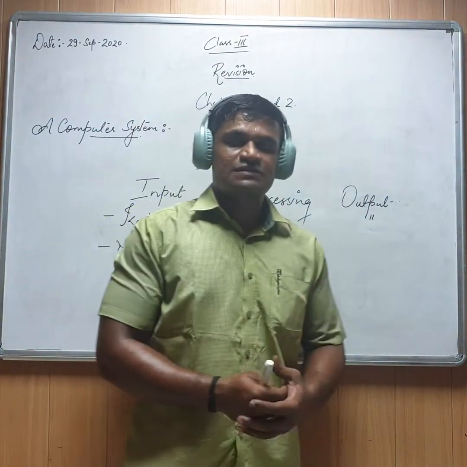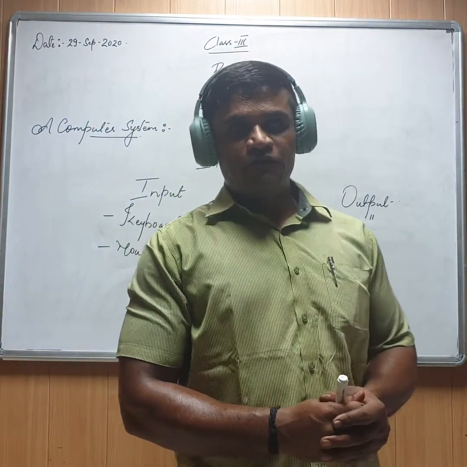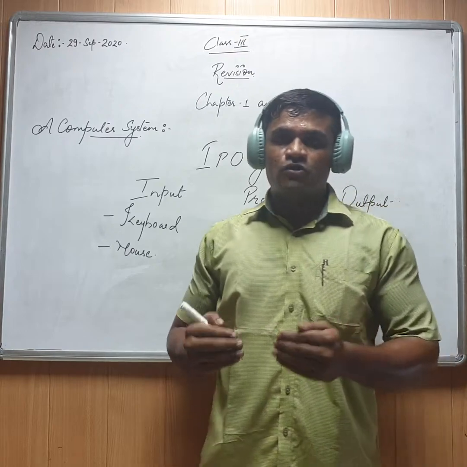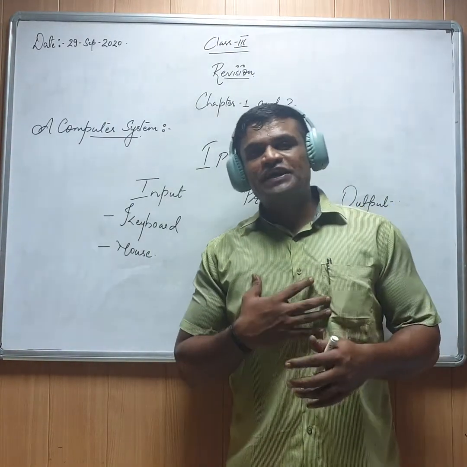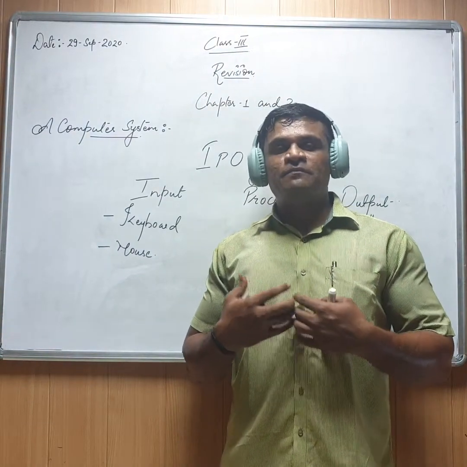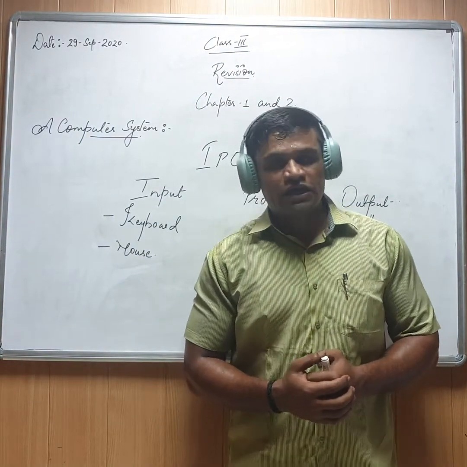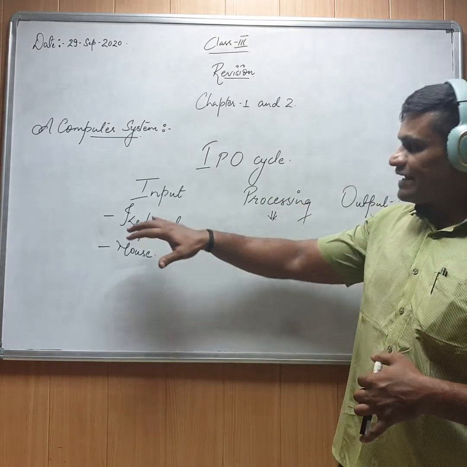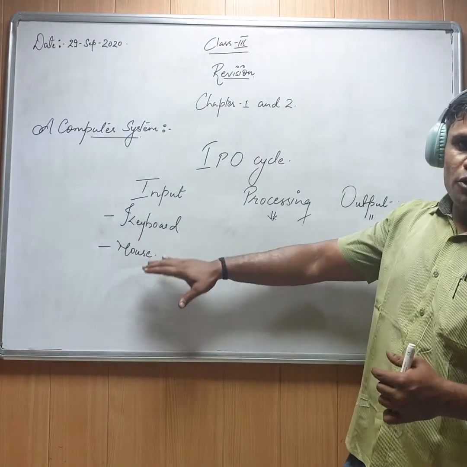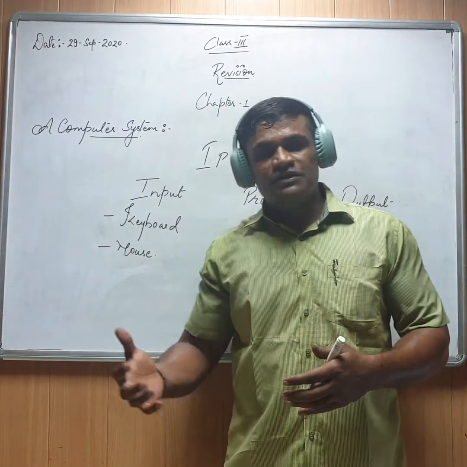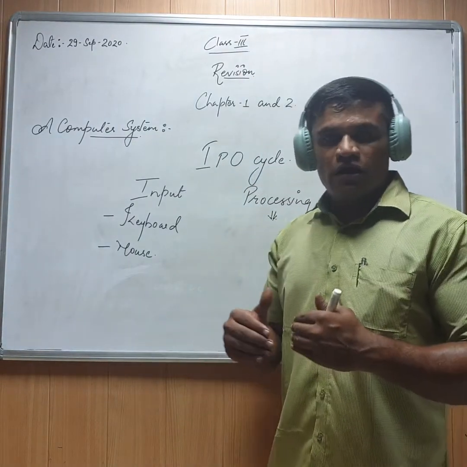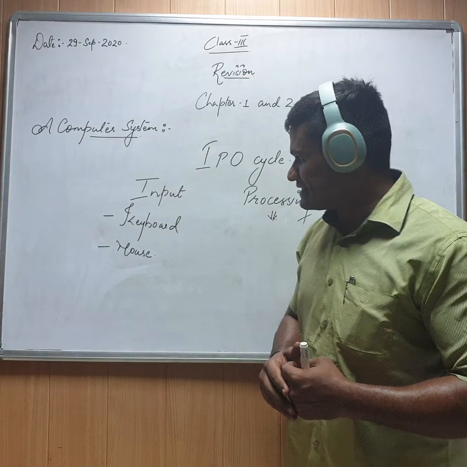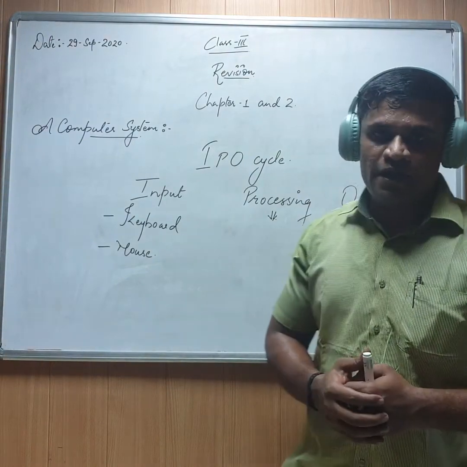We discussed this in chapter number 5, where we studied the different keys. By using these keys, we type, or provide instructions to the computer. Input devices include keyboard, mouse, and different types of scanners also, but for an initial example, we will say keyboard and mouse.